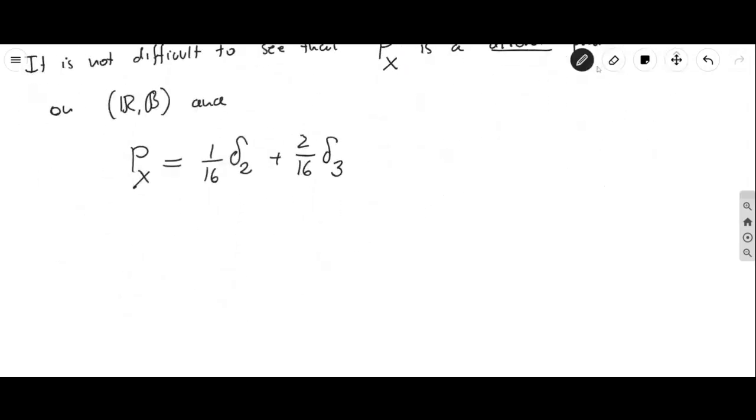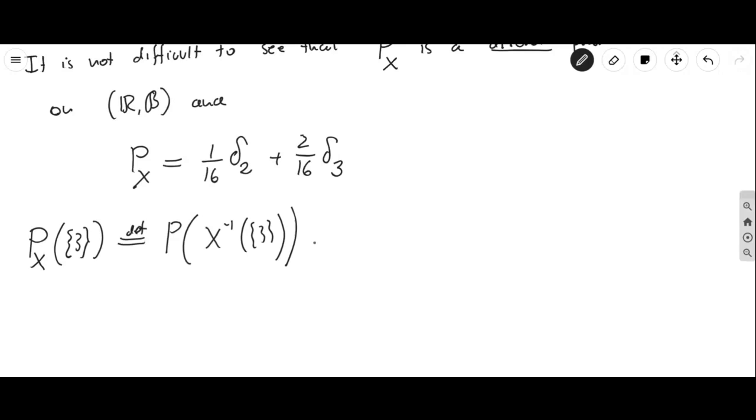because consider this question: what is the induced probability measure applied to the singleton set 3? That would be equal, by definition, to the probability that the random variable is equal to exactly 3. You could say you would pull back 3, but when you pull back a singleton point, that's the same thing as the probability that X is equal to exactly 3.